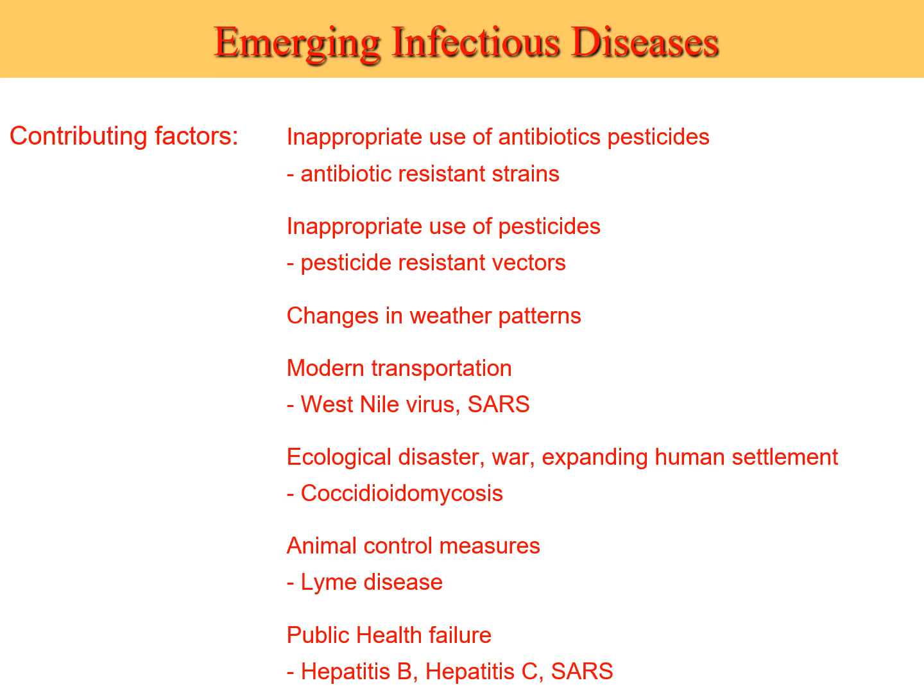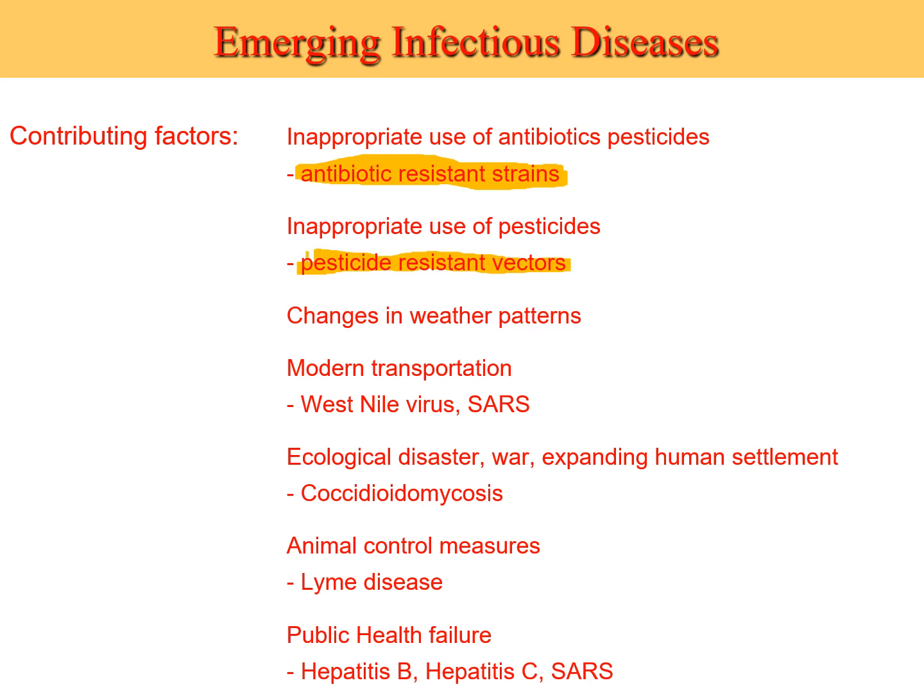The things that are contributing factors to the occurrence and emergence of emerging infectious disease include, not all of these for everything, but these can potentially cause an increase in incidence. Inappropriate use of antibiotics, leading to antibiotic-resistant strains of an organism. This would be new types of the organism. Inappropriate use of pesticides, resulting in pesticide-resistant vectors.